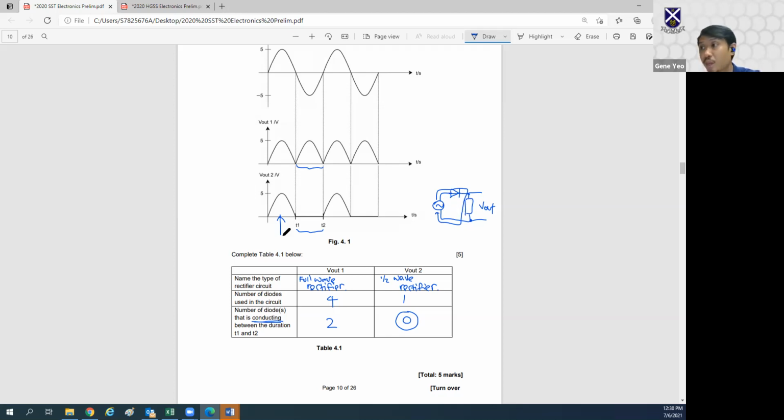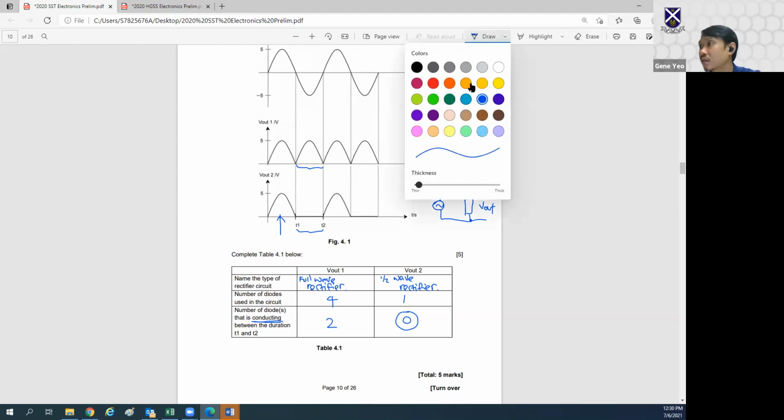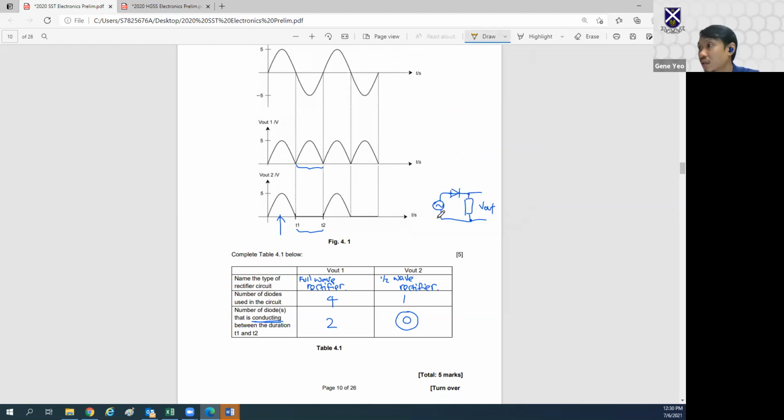But now in the reverse cycle, the current wants to go over here. In the reverse cycle, the current wants to go in an anti-clockwise direction, but it cannot, because now it finds that the diode is reverse bias.